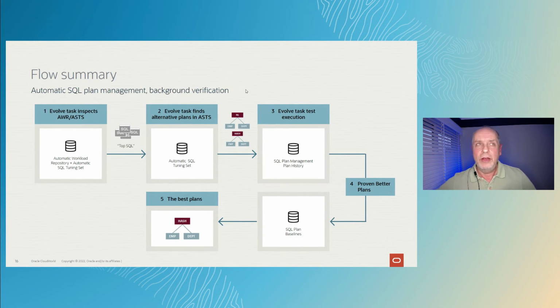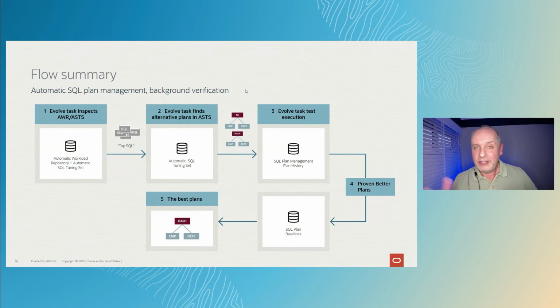So this is the flow. So this is automatic SQL plan management, and this is background verification, which I'll clarify in a minute. So essentially what we have is the evolve task. Remember that we have the evolve task which can execute, and it can introspect the existing Automatic Workload Repository and the Automatic SQL Tuning Set. It then is able to find alternative plans in the Automatic SQL Tuning Set that we've captured over time.